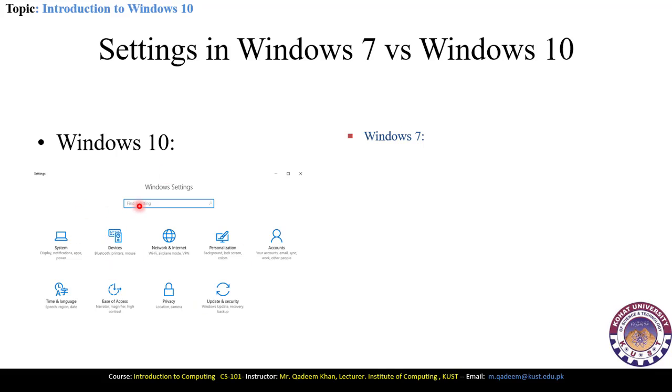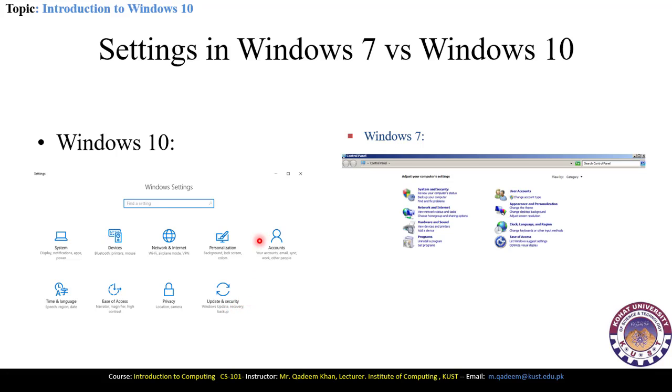This window helps you with the settings of your Windows, for example system, devices, network and internet, personalization, accounts, time and language, ease of access, privacy, and update and security settings. While in Windows 7, we have the classical view of the settings, which is the control panel, where you can perform the Windows settings.